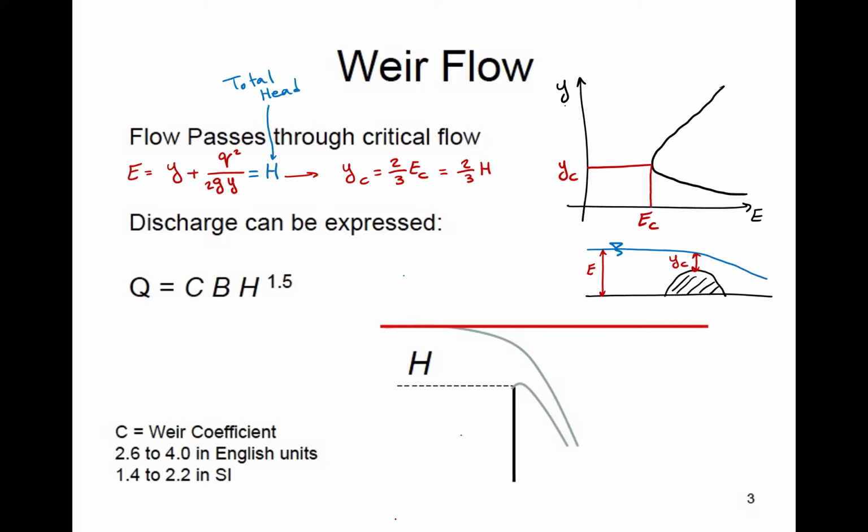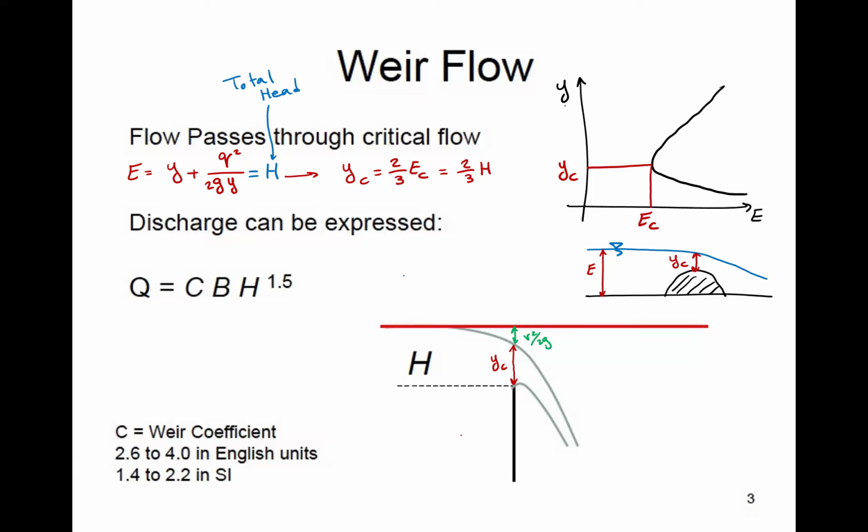So if we look at the sketch at the bottom of my slide, right at the crest of this hump or weir or obstruction, whatever it is, we have YC. And then we have a velocity head of this much, so V squared over 2G.